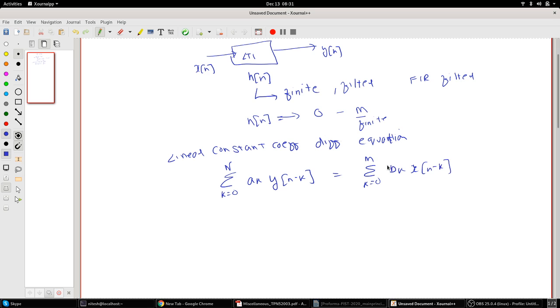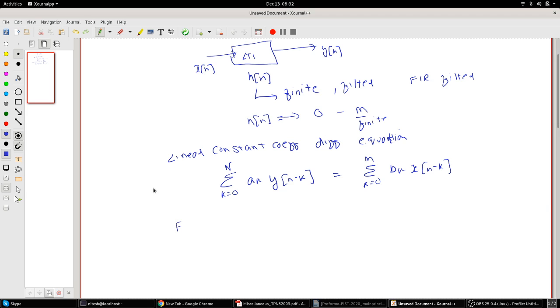Now one thing we have to know is for a FIR filter there is no feedback coming in. So there will be no delay elements with respect to the output.